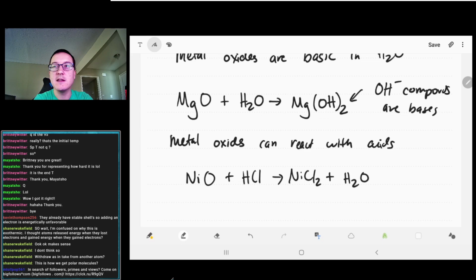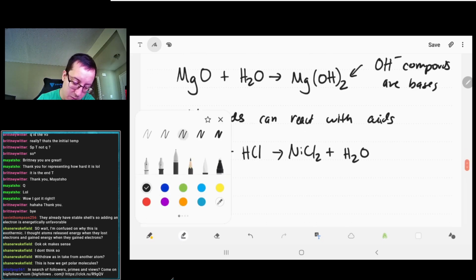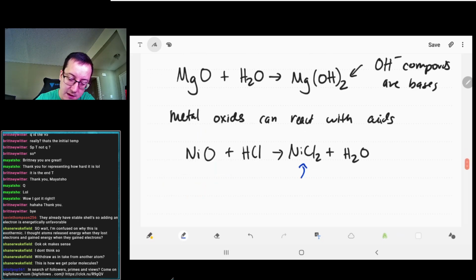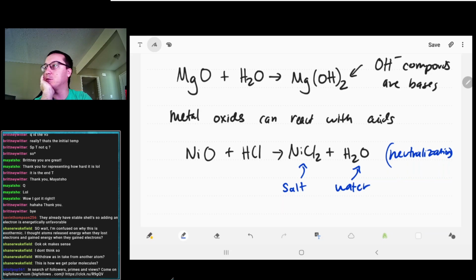We can see that that's going to create a salt and water just like any other neutralization. Remember, this is a neutralization because it's producing liquid water. Notice it's just a double displacement. There's nothing crazy here. Plain old double displacement.